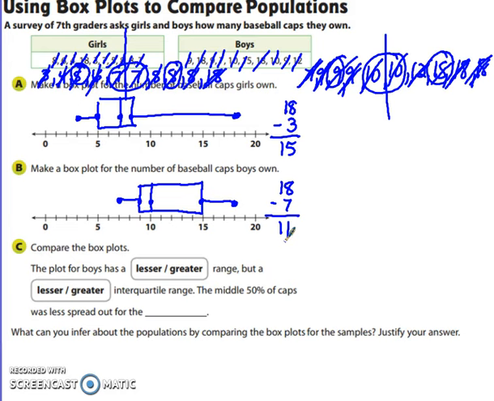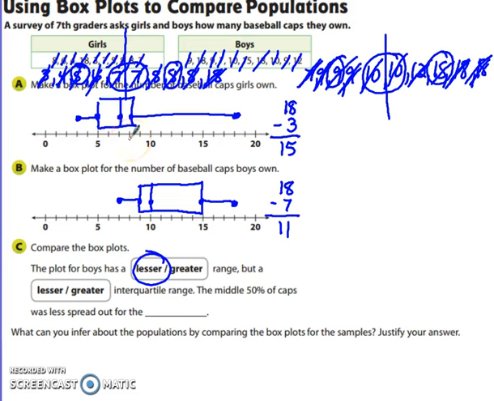So it says the plot for boys has a blank range. Well, the boys, 11 is less than 15. So they have a lesser range. Now, but a blank interquartile range. If you remember, interquartile range is the upper quartile minus the lower quartile.